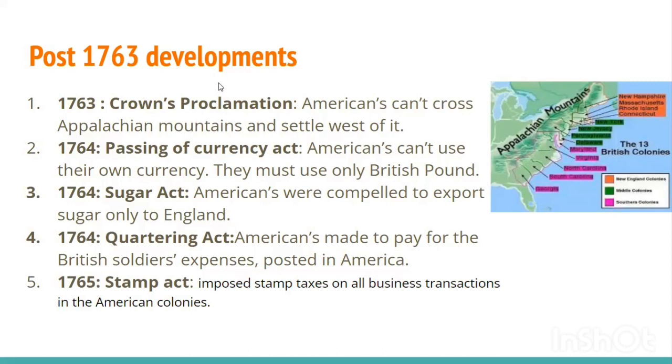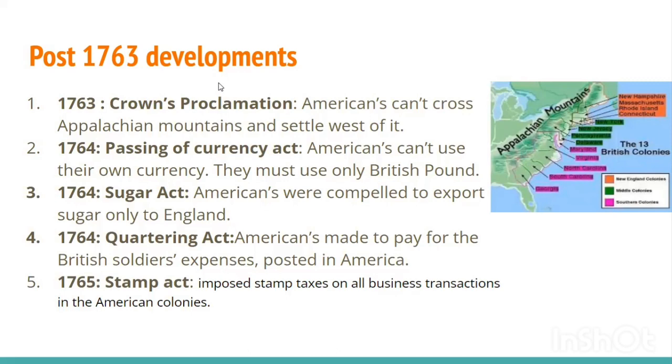Probably the British themselves wanted to utilize the resources, so they made a proclamation that Americans cannot cross or settle west of the Appalachian Mountains. That was the first proclamation. In a way, they were trying to put restrictions on the movement of the colonists.